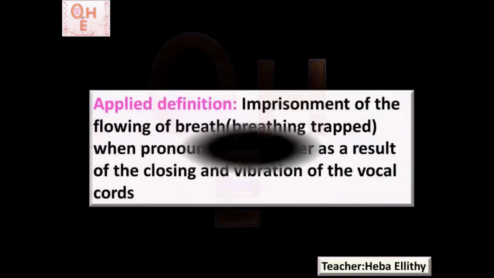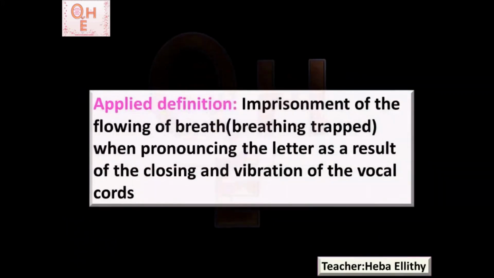In الهمس this is happening because the vocal cords are open and no vibration on them. I can expect, because this characteristic is the opposite of الهمس, this is happening because the two vocal cords are very close to each other and there is movement on them.